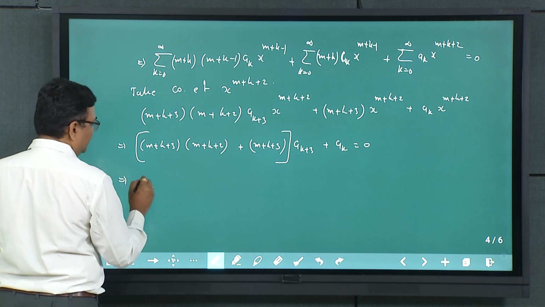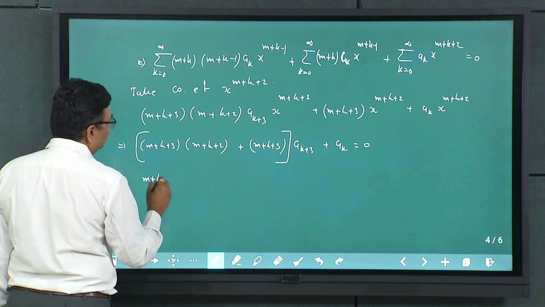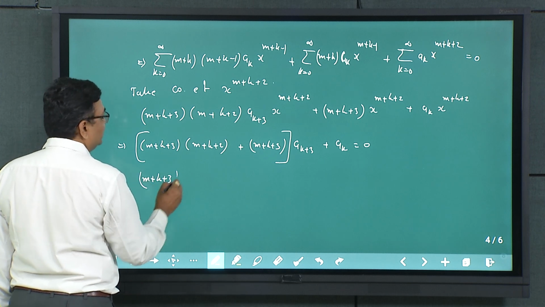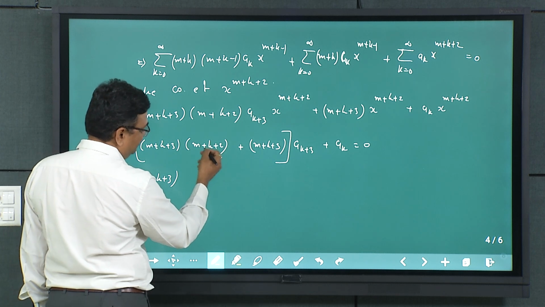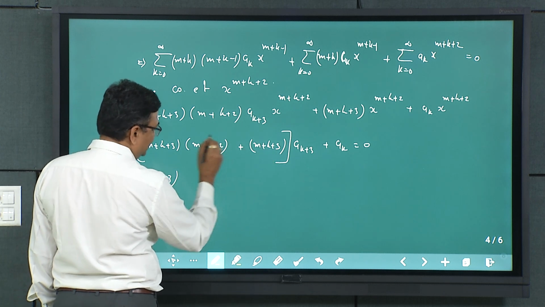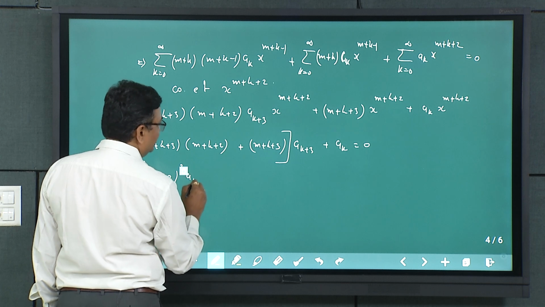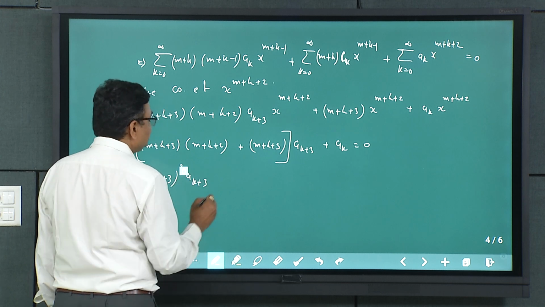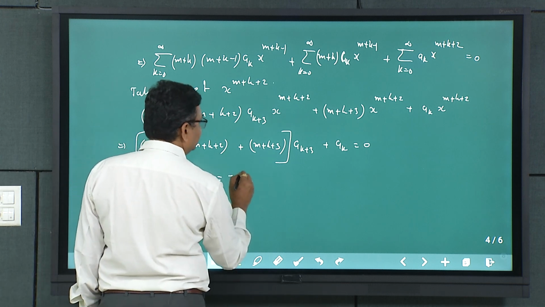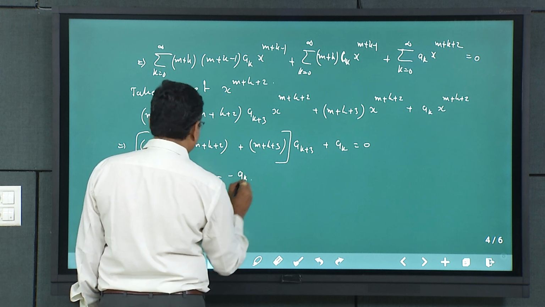So this implies, taking (m+k+3) common, we get (m+k+2)+1, that is (m+k+3) whole square into a_{k+3}, this is equal to minus a_k, right.